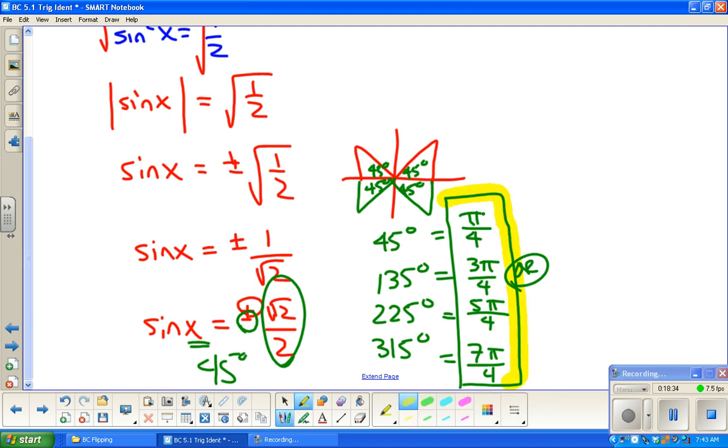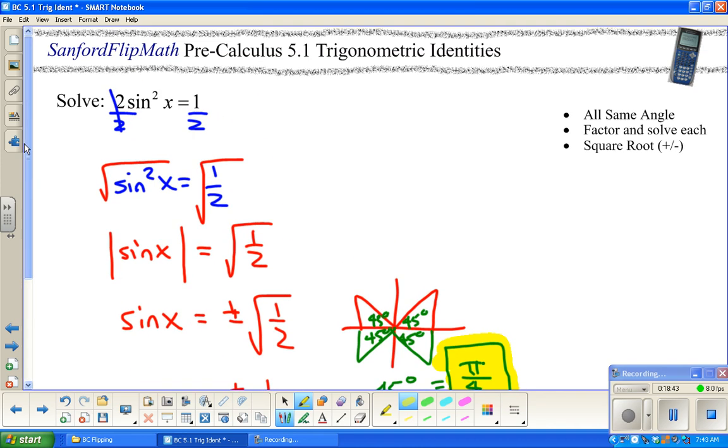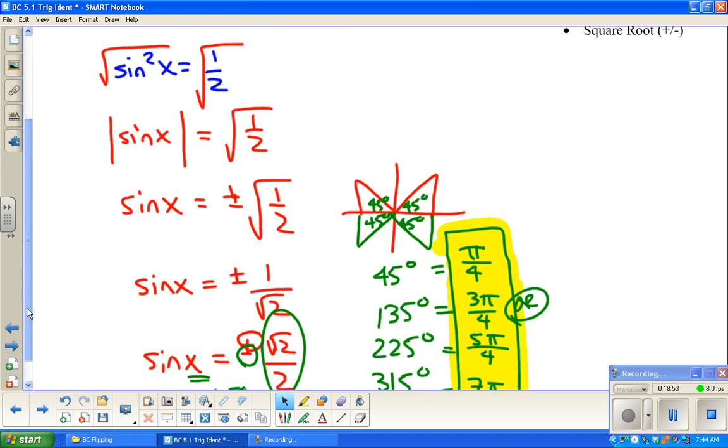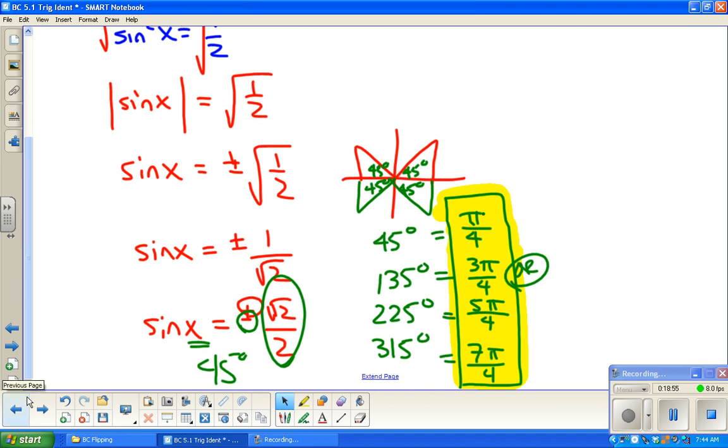Okay, so kind of like when you have x squared, expect 2 solutions, only if you're talking about all the way around the unit circle, and again, I know I forgot to put the 0 to 2 pi on here, sorry about that, this is a real common set of angles to work with. Okay, so plan on going all the way around, just follow whatever it says.